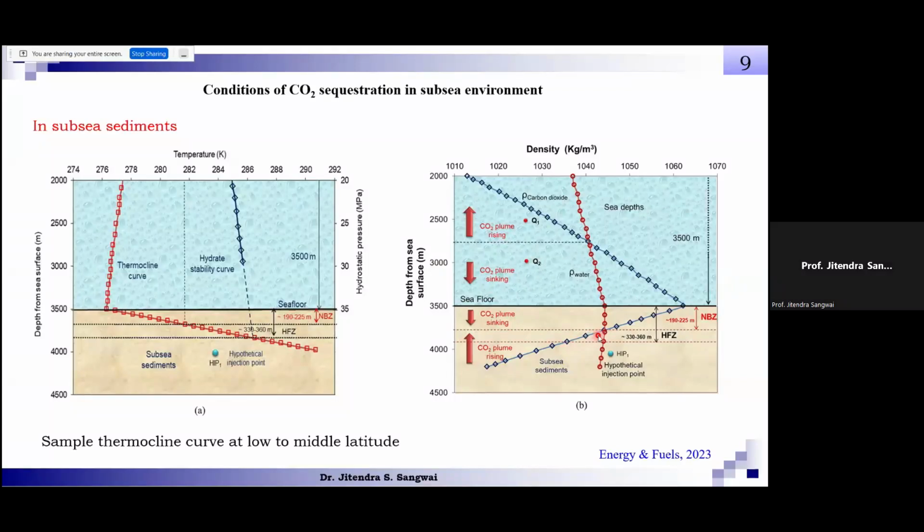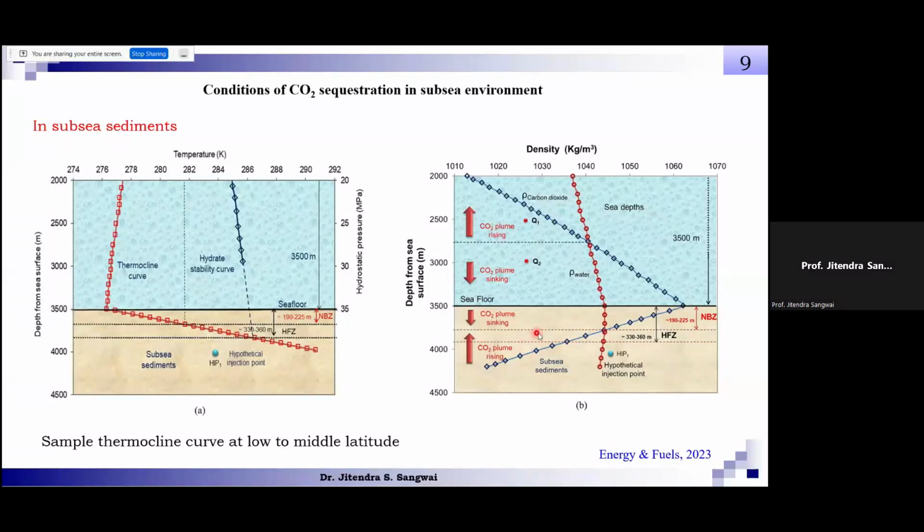In this zone specifically, the density of the carbon dioxide is more than the water, and therefore if you inject carbon dioxide somewhere here, it will sink because it is heavier than the water. However, if we inject it somewhere here, in this condition, the density of the carbon dioxide is lower, and therefore it will rise, because it is lighter than the water.